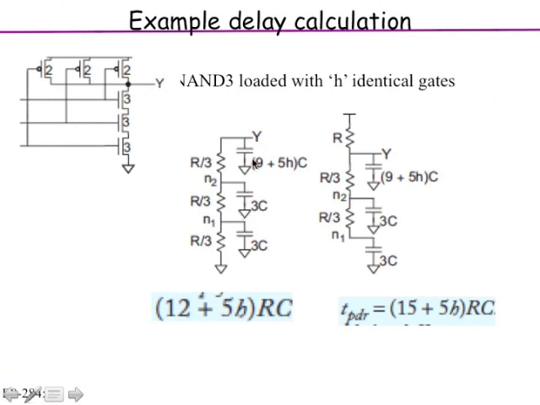What I do is take a resistance in the path and multiply it with all downstream capacitances. So I take R by 3 multiplied with 3, this whole thing, plus this R by 3 times these two, and then this R by 3 times this.